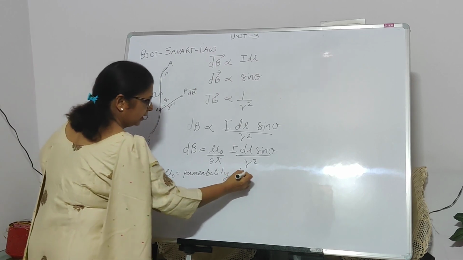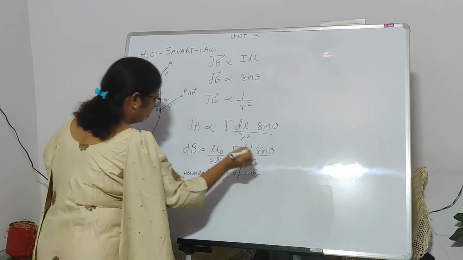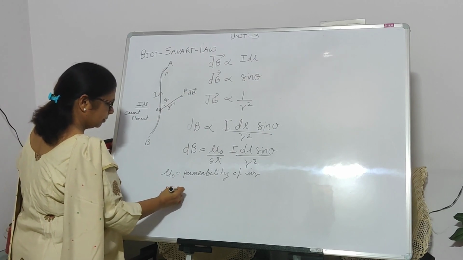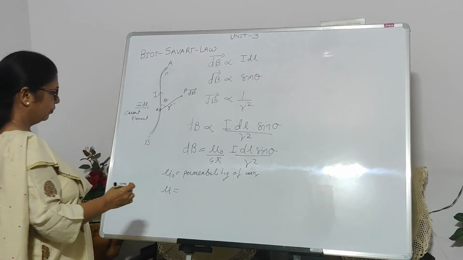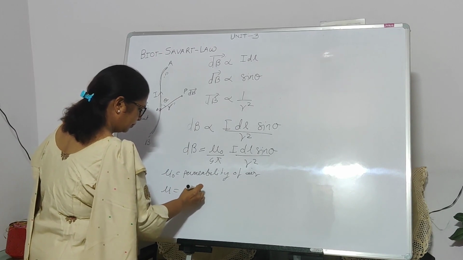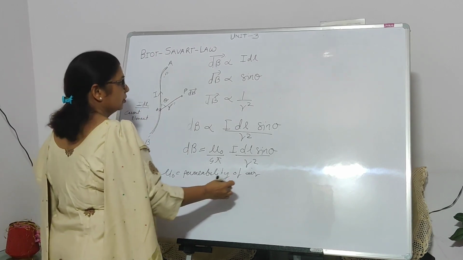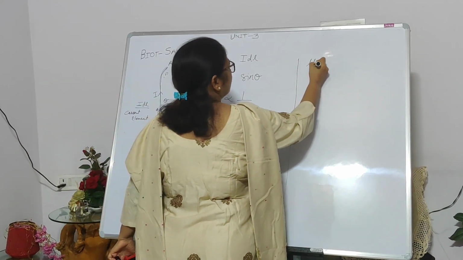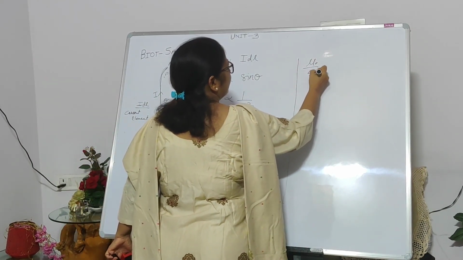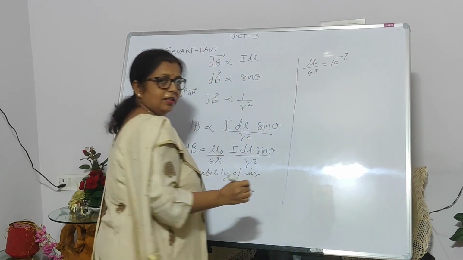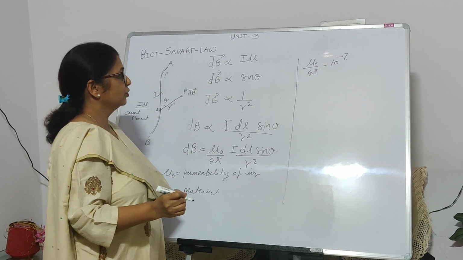Permeability of vacuum or air. Suppose we keep a substance here, then we take the permeability mu for any material. The value of mu naught by 4 pi is equal to 10 raised to minus 7.